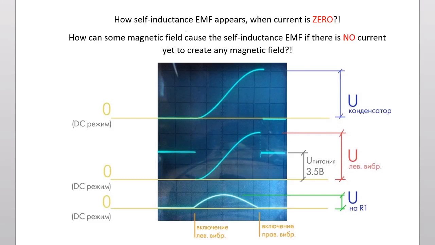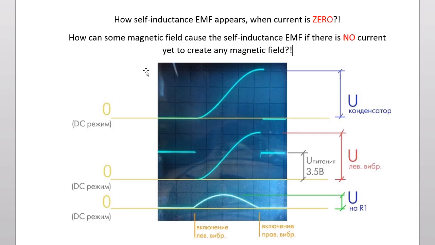So the question is, how does self-inductance EMF appear when current is zero? How can some magnetic field cause the self-inductance EMF if there is no current yet to create any magnetic field?